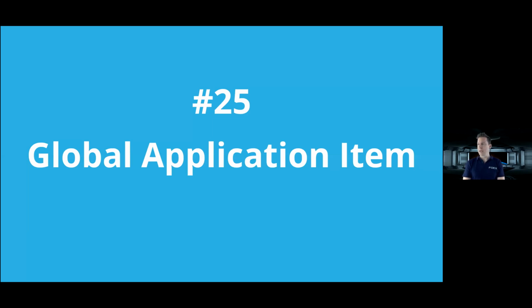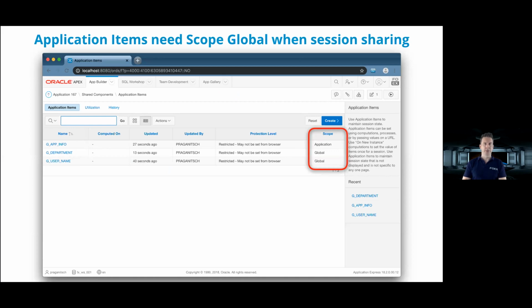Global application items. We need to speed up a bit. Application items are great in combination with Apex session sharing across multiple apps. It's a bit tricky because you need to set the scope of your application item to global and still have the same settings and the same application items in all your applications which you share your session across.